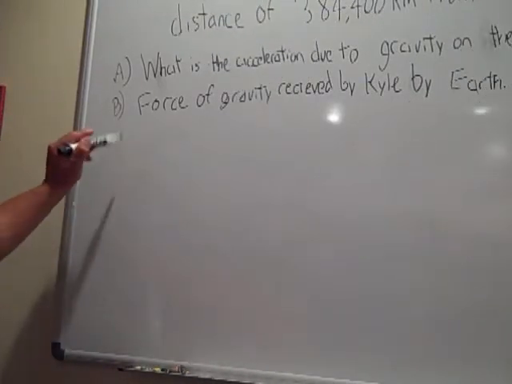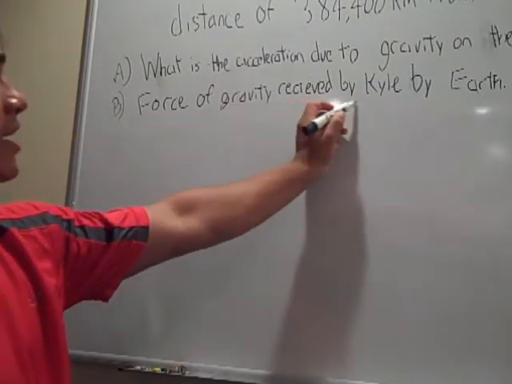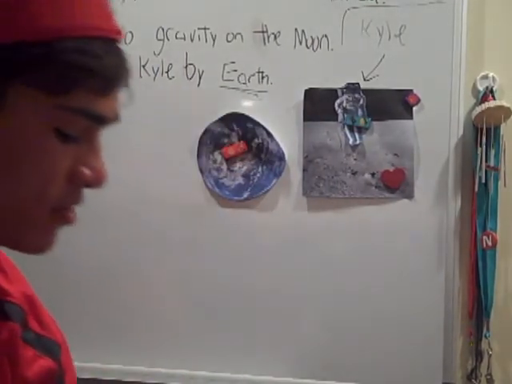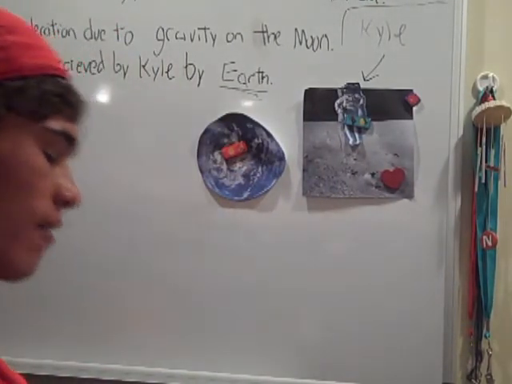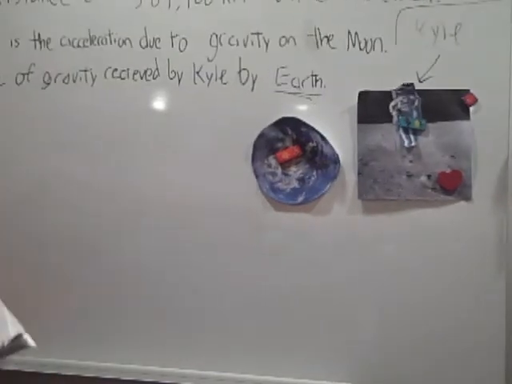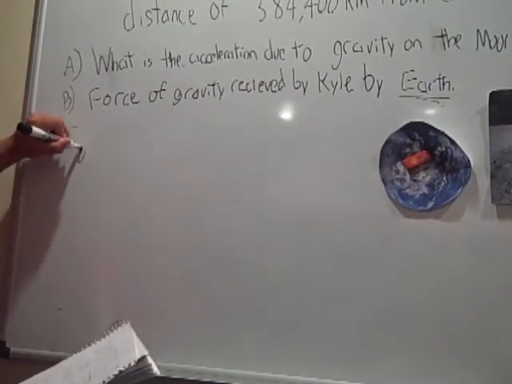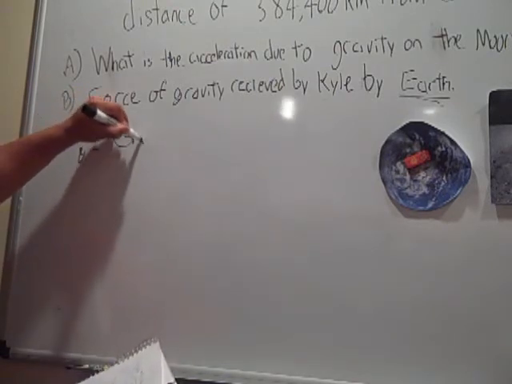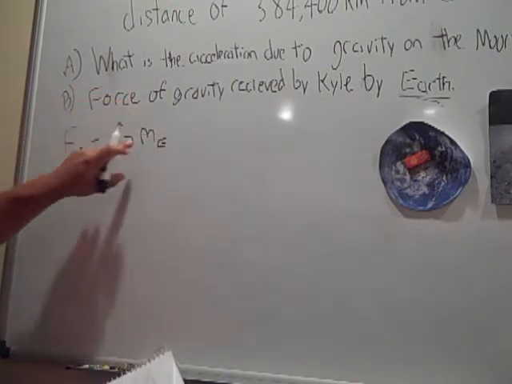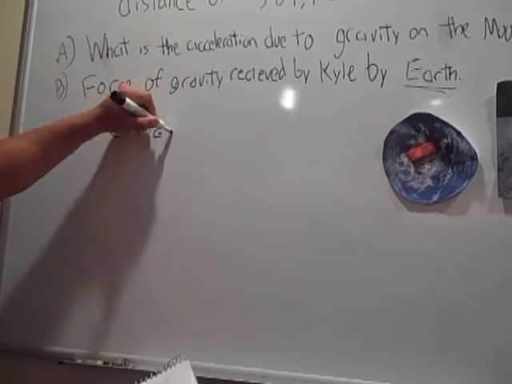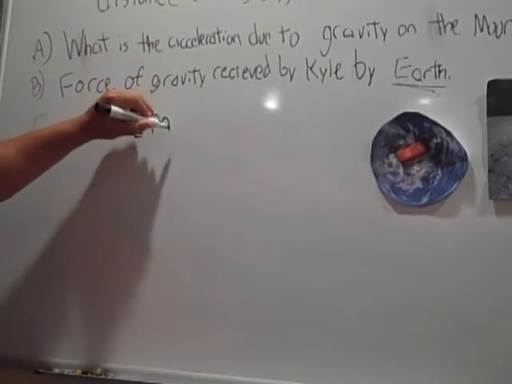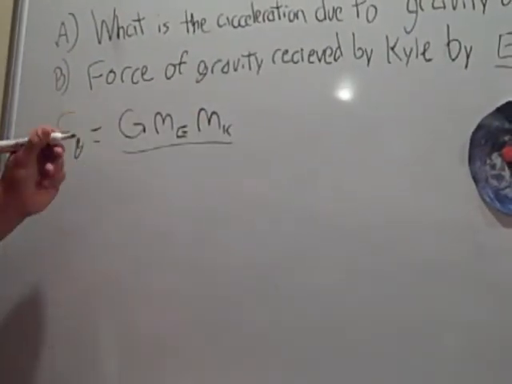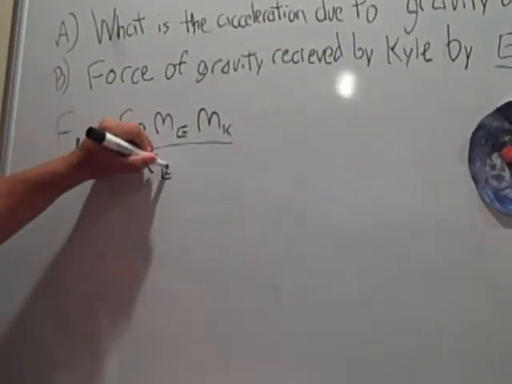So for part B, we got the force of gravity received by Kyle from the planet Earth. Okay, that comes in the picture. And we have the equation set up. So we got F of G, the force of gravity, equals gravitational constant times mass of the Earth, which is considered mass 1, times the mass of the person, so we'll say mk because it's Kyle, over the radius of the planet Earth squared.